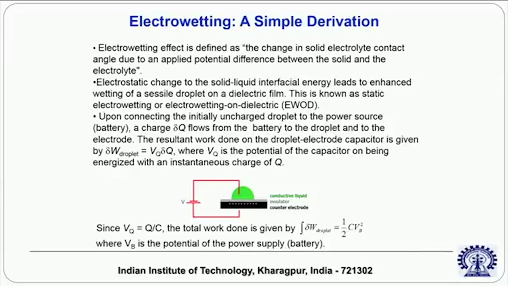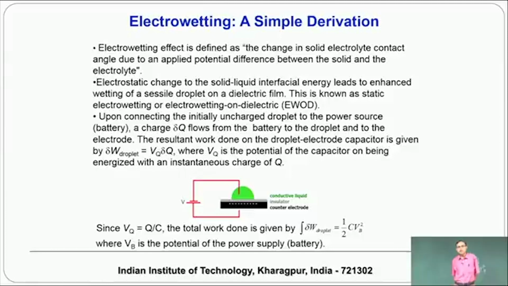So, what is the work done due to this flow of charge from the battery onto the system? The work done is the instantaneous potential times delta q. So, V instantaneous into delta q, where V instantaneous is a function of the instantaneous charge given to the droplet.